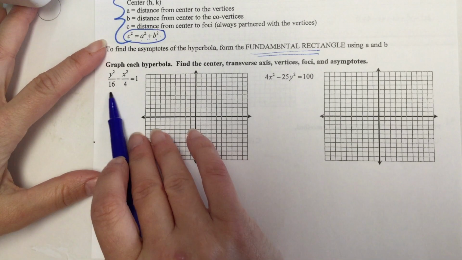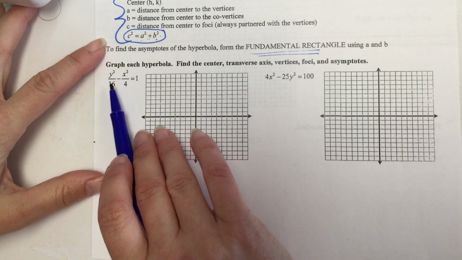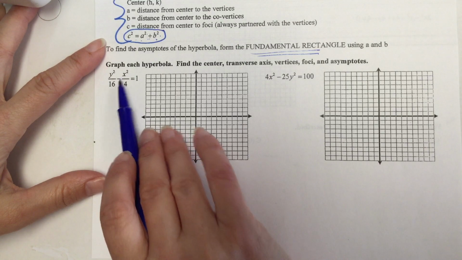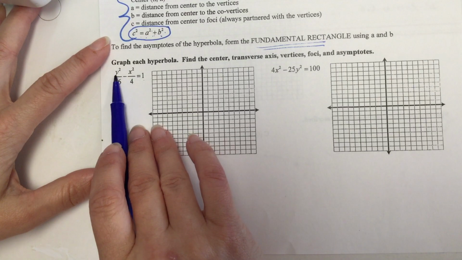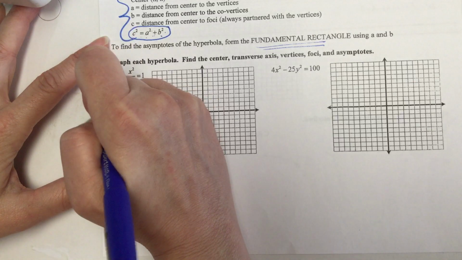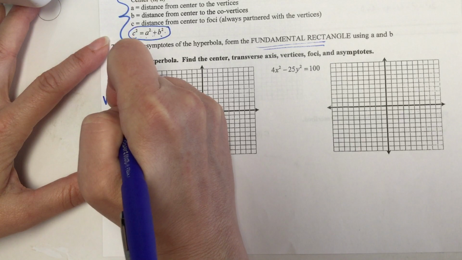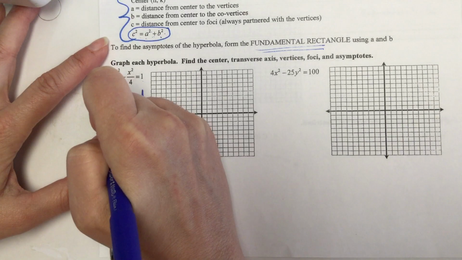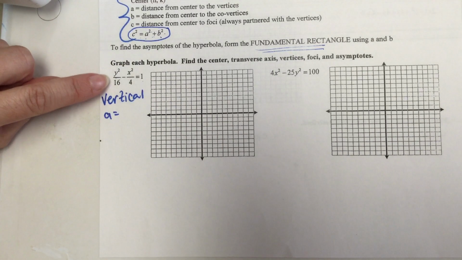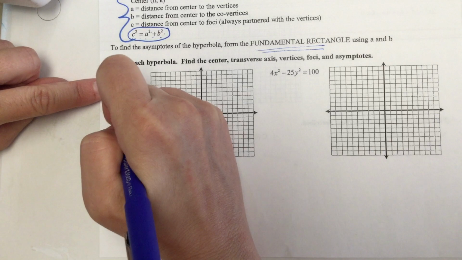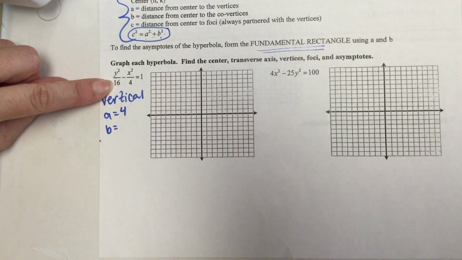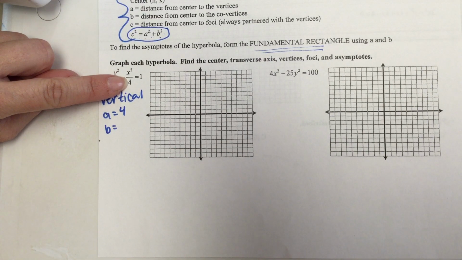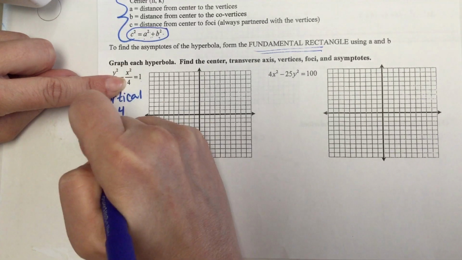So if I am looking, this is in the correct format because there's two fractions, minus in between, it's equal to 1. The first fraction, the variable is a y, so this is vertical. The A value is the square root of the first denominator. That's 4. B is the square root of the second denominator. So that's a 2.